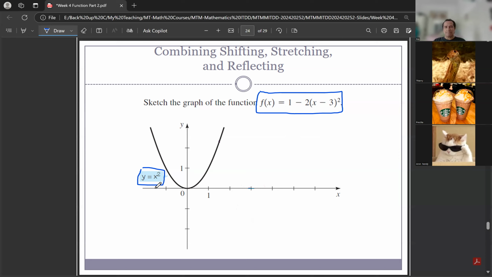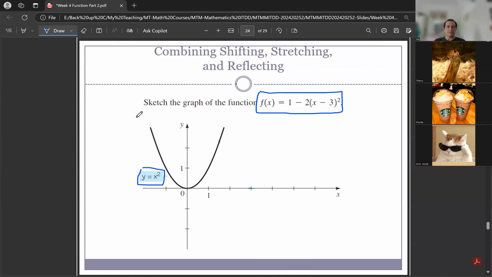The first step, we must know the sequence of transformations from x squared to the result.